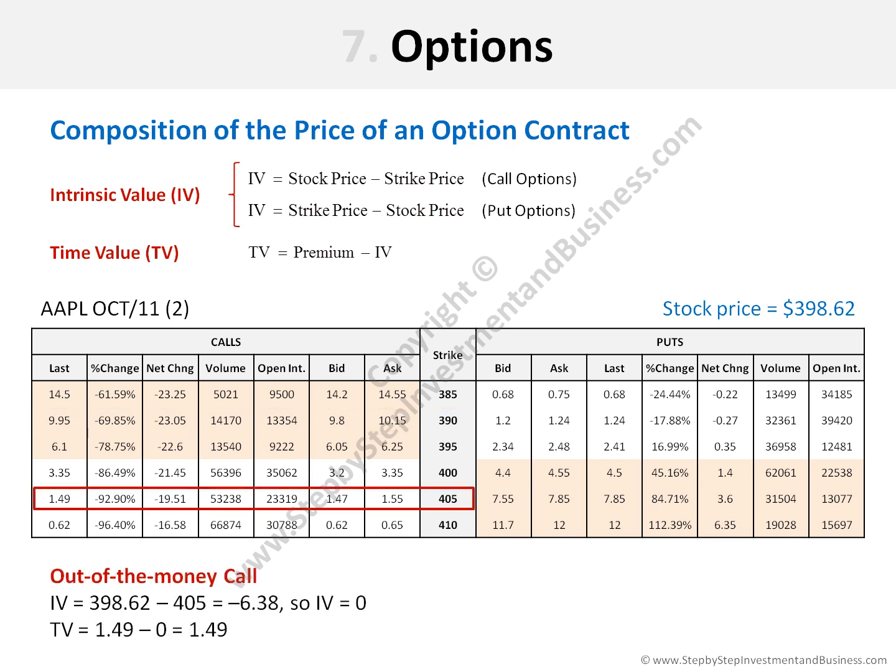Now, let's analyze an out-of-the-money call. The intrinsic value of this option, as it is a call, like the previous one, is equal to the stock price, which is $398.62, minus the strike price, in this case $405. The difference between $398.62 and $405 is negative.